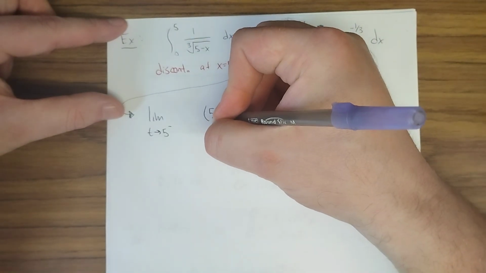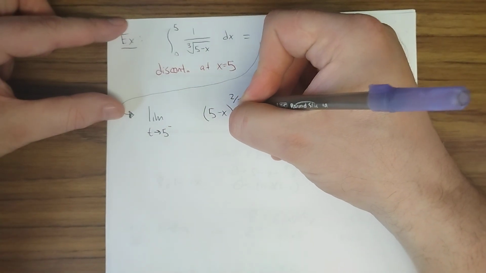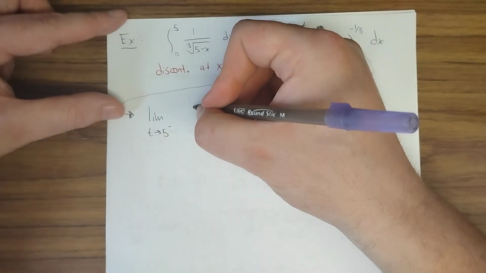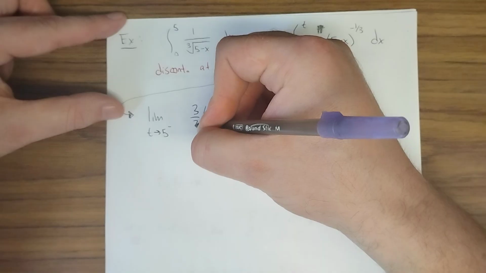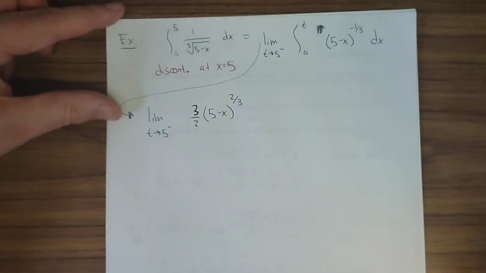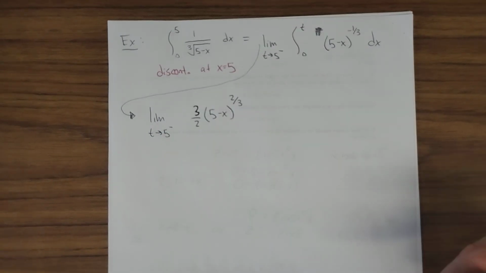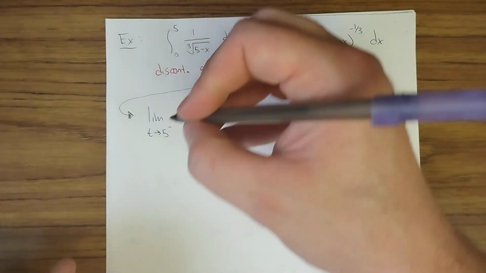So I increase the power by 1, so it's 2/3. I put the reciprocal in front, which is 3/2. But then I have to do 1 over the coefficient of x.